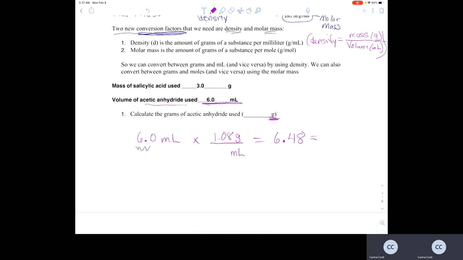Proper significant figures: 6.5 grams. Remember, density is a conversion factor. It's an exact number. The 6 milliliters is what the scientists measured out. So you always base your answer on the number of significant figures that the measured quantity has, and that's 2.